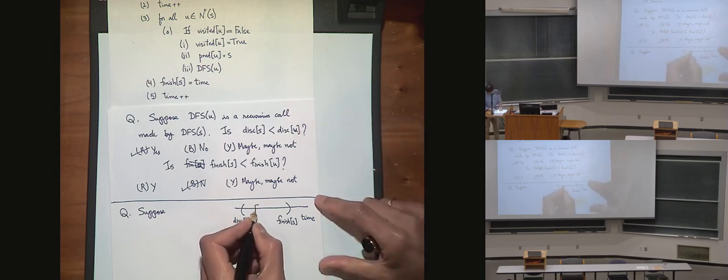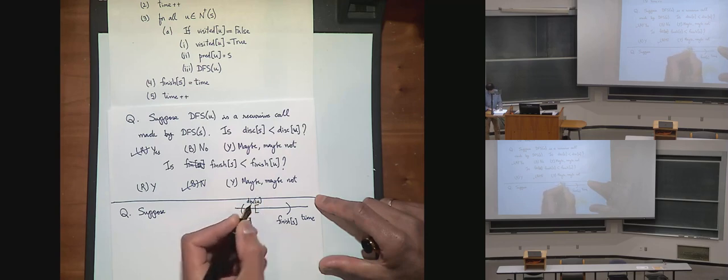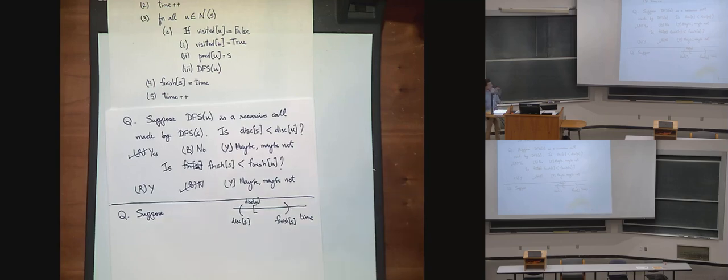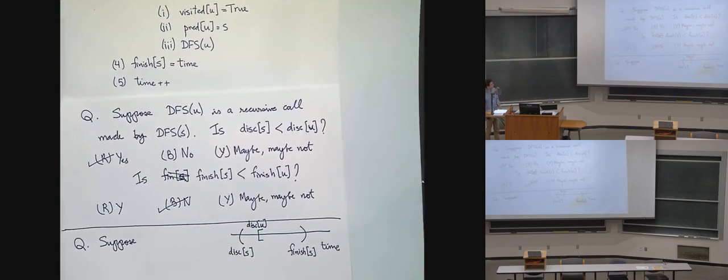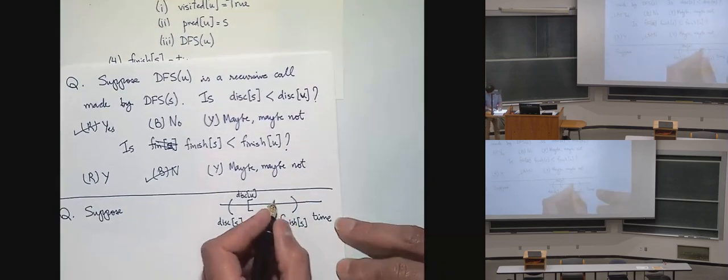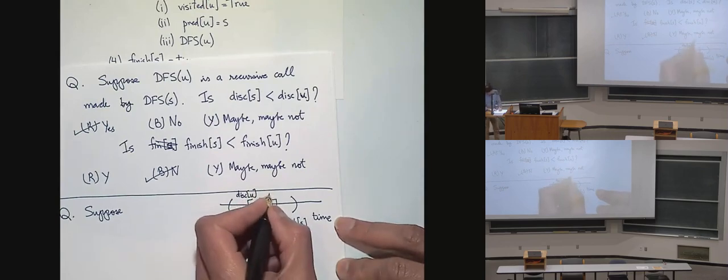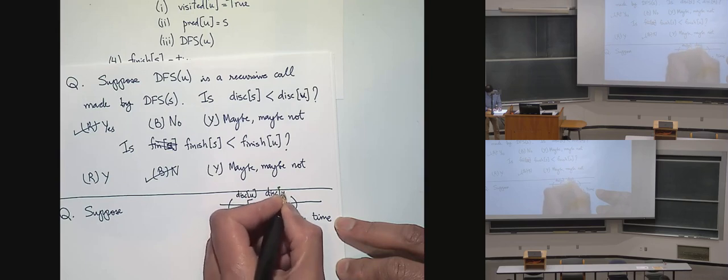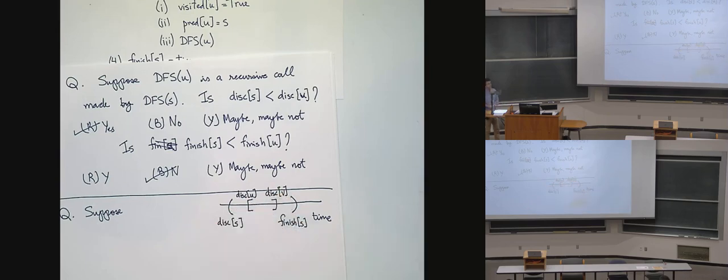What does this picture say? It says this is the discovery time of U. Sorry, this is trying too small. And this is the discovery time of V. Right? Isn't that what that thing is saying? Because it said the discovery of S is less than U. No, it's V, U. Sorry, U finish.